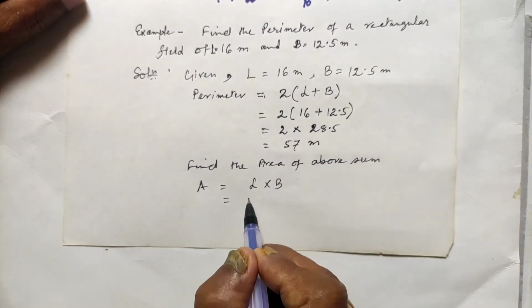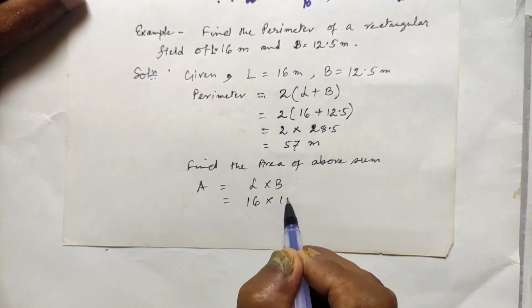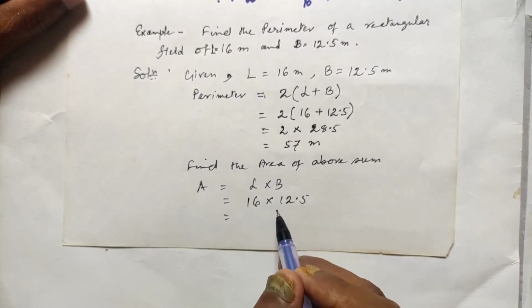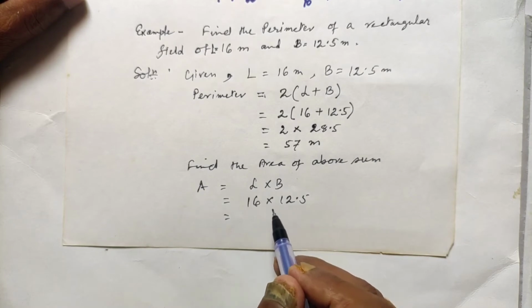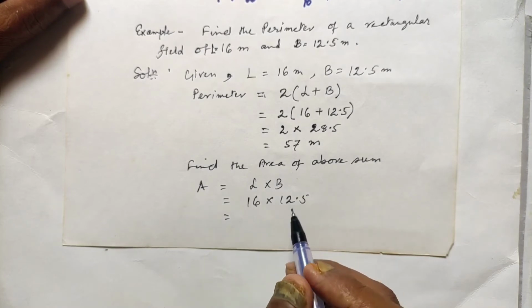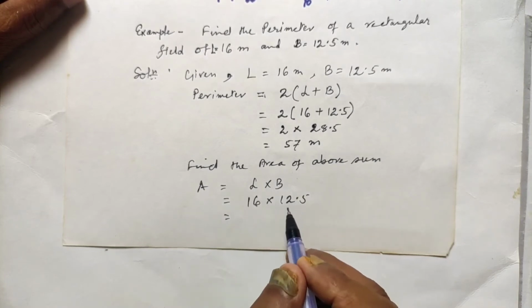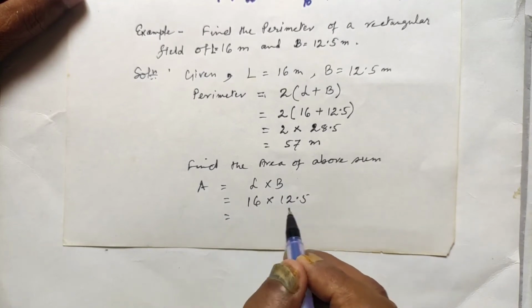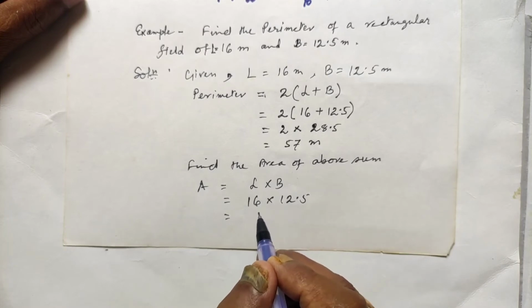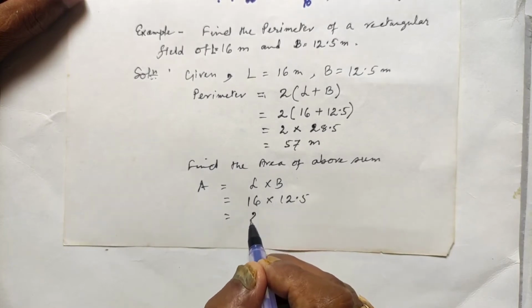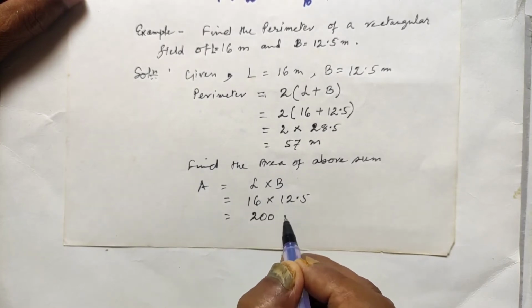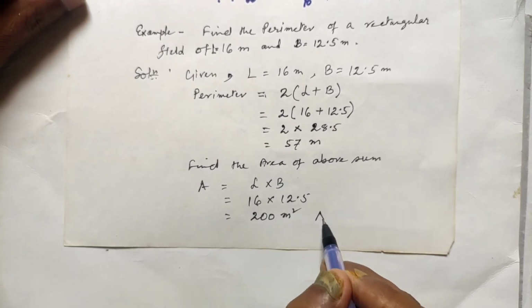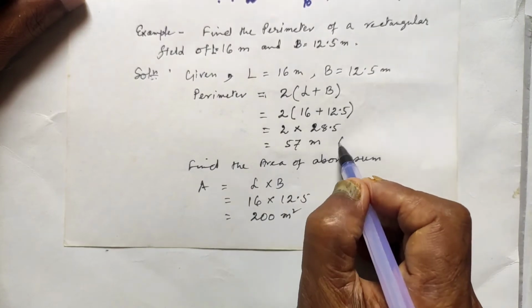So 16 into 12.5, and when we multiply this, the decimal will come, but remember that when you multiply this, it comes to 200, 200 meter square. So that is your answer.